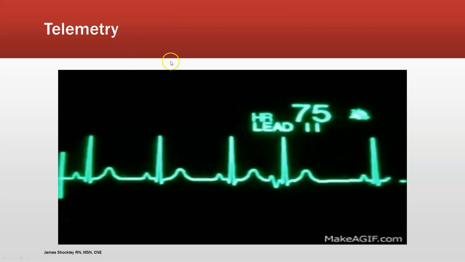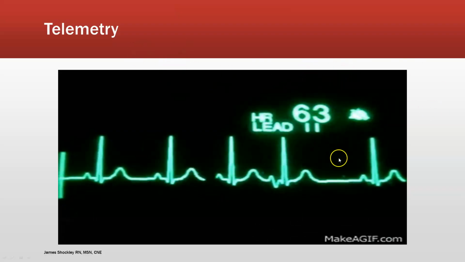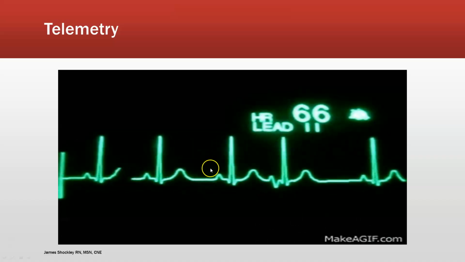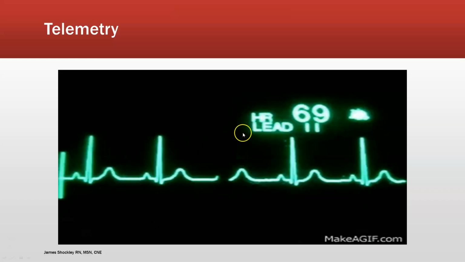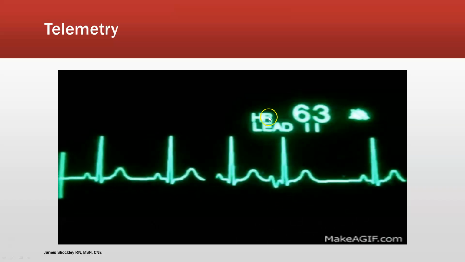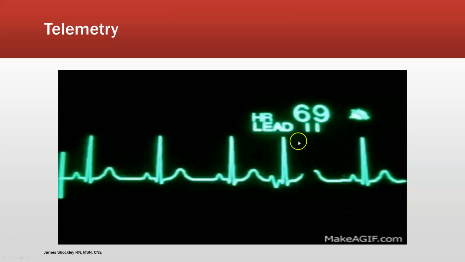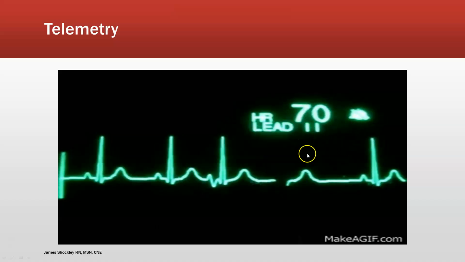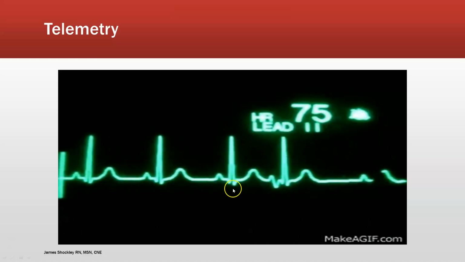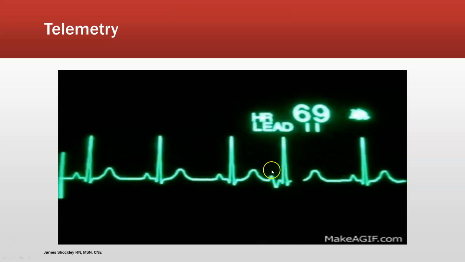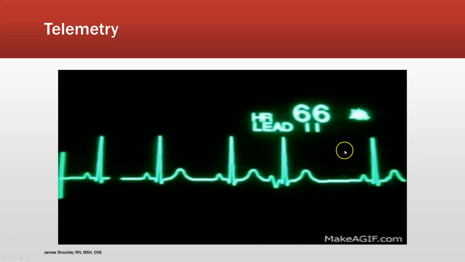And on telemetry, what you see right away is that the PQRS is moving right along, and then basically right underneath the word lead on that right-hand side, we see that early premature ventricular contraction. So if this is on a monitor, you can see that it may be difficult to identify because it does happen fairly quickly.